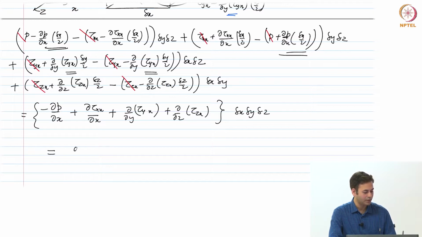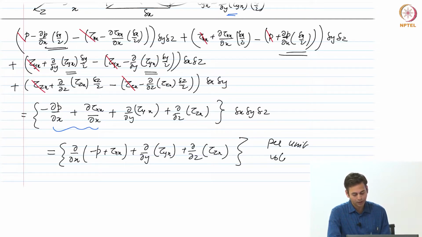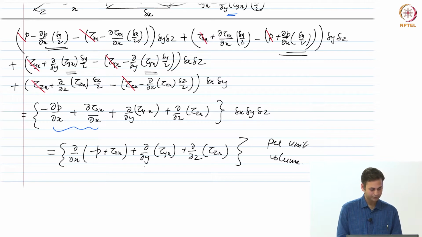So, I can rewrite this as partial x of, I can club these two terms in the derivative terms of x, which is minus p plus tau xx, plus partial y tau yx plus partial z tau zx. So, if I write per unit volume, then I do not have to multiply with the volume of the fluid element anymore. So, this is the force acting on the fluid element per unit volume in the x direction.